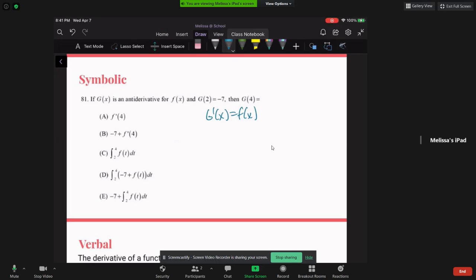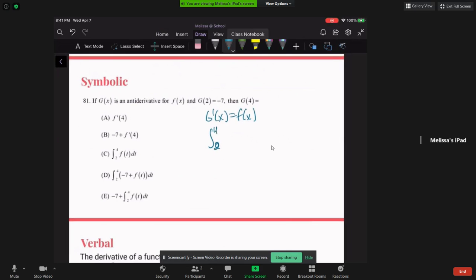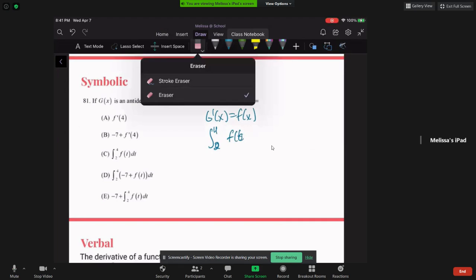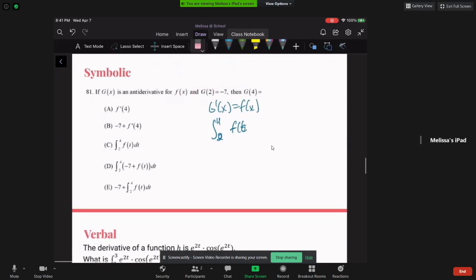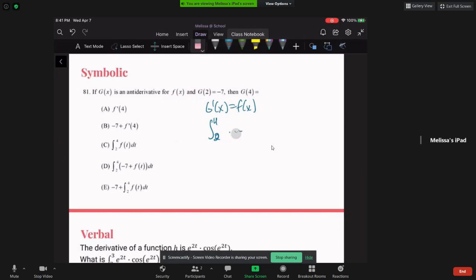What I'm actually looking for is the integral from 2 to 4 of f of t dt. We already set up right above that f of t is equivalent to g prime of t.